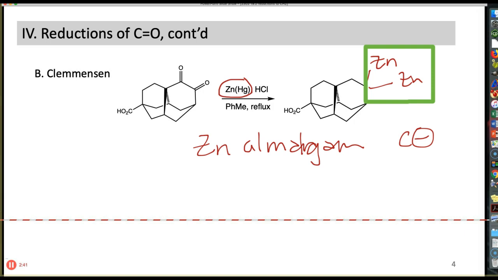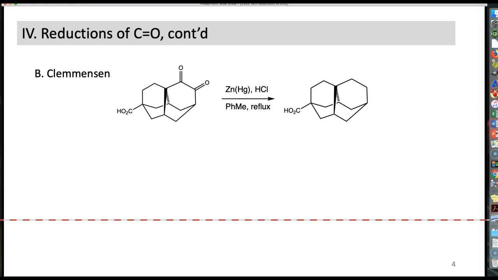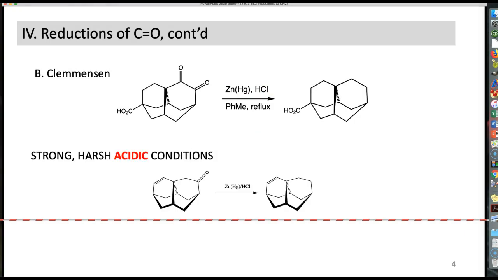So, since the polarity of an organometallic basically puts a negative charge onto the carbon, when I add HCl, I protonate to make my alkane. So the Clemmensen works well, but it is harsh and strongly acidic. So again, I say, will the Clemmensen reduction work for this example?